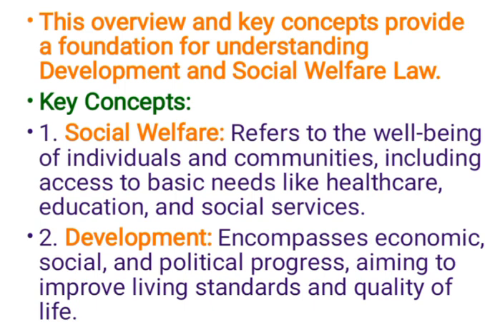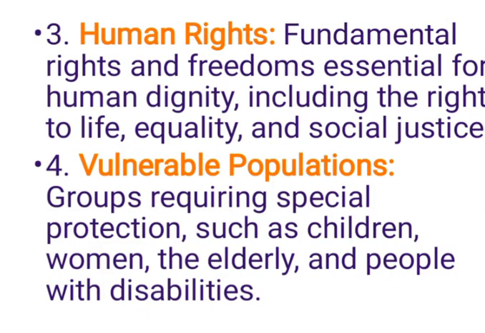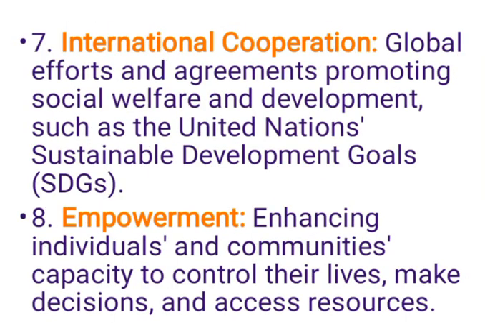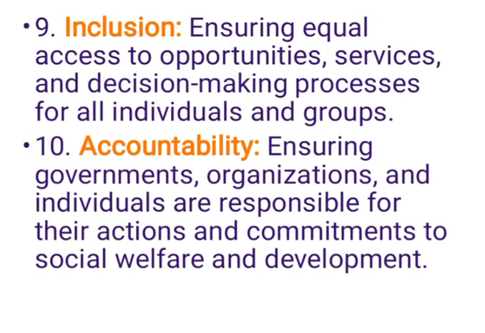One, social welfare and development. Number two, human rights. Number three, vulnerable populations. Number four, social justice. Number five, public policy. Number six, international cooperation. Number seven, empowerment. Number eight, inclusion. Number nine, accountability. Number 10. You have to be familiar with these terms as a social and development legal officer.